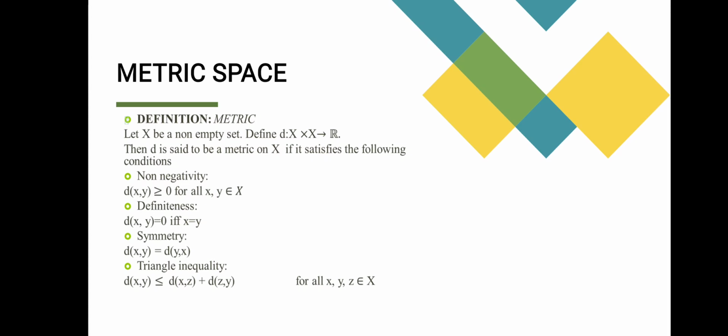Symmetry, d of x comma y equal to d of y comma x. Triangle inequality, d of x comma y less than or equal to d of x comma z plus d of z comma y for all x, y, z belongs to capital X.